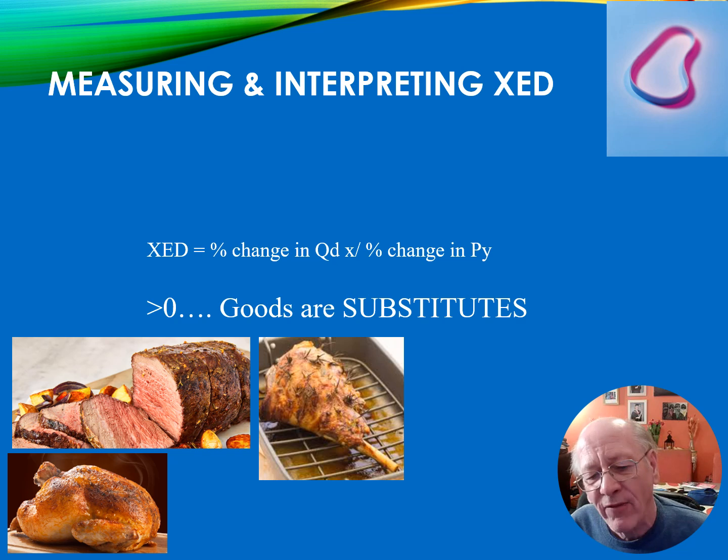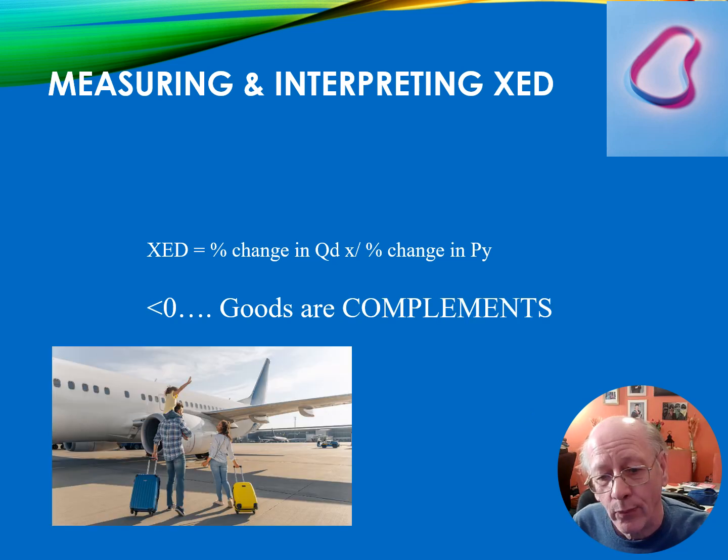So if the price of roast beef goes up, then consumers are likely to buy less roast beef and more roast lamb or roast chicken. So one is going up and the other is going up. So if we divide a positive by a positive, we get a positive. So on a calculation, if we see a positive result, that means that the goods are substitutes.